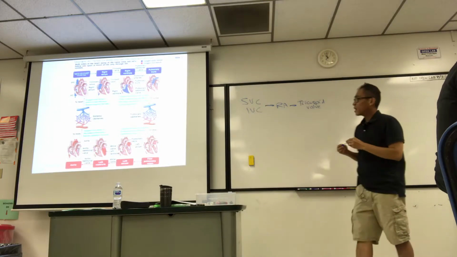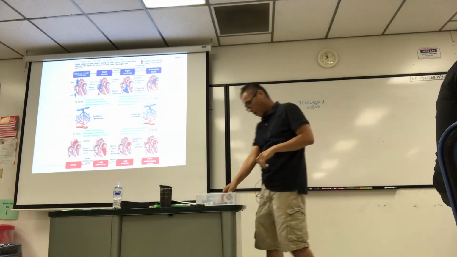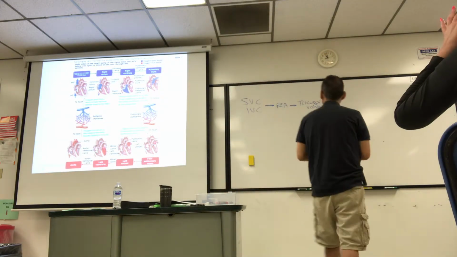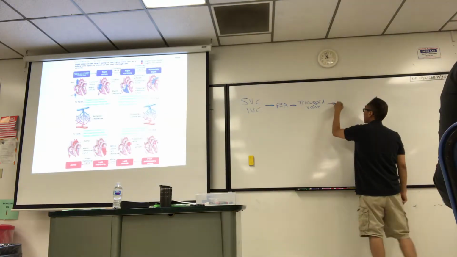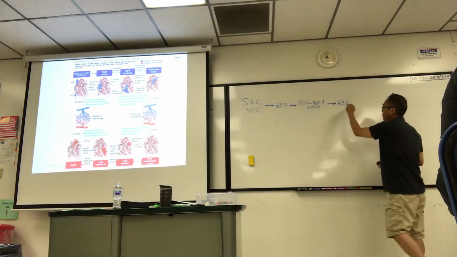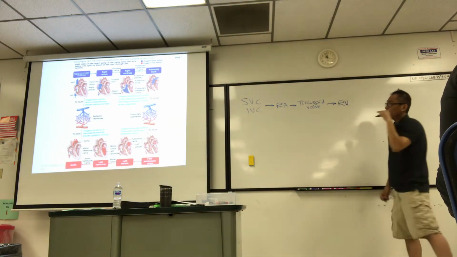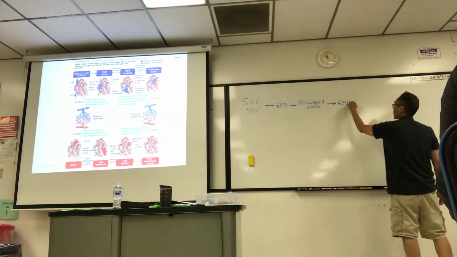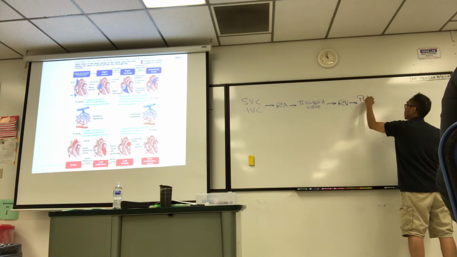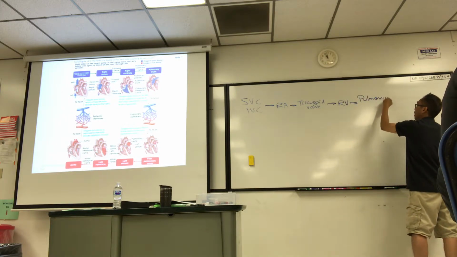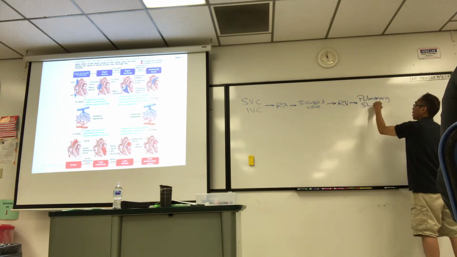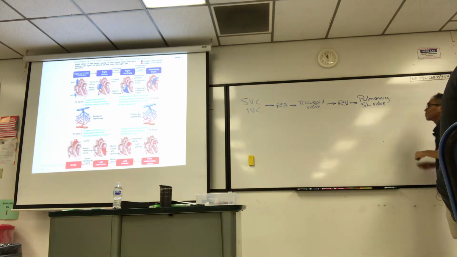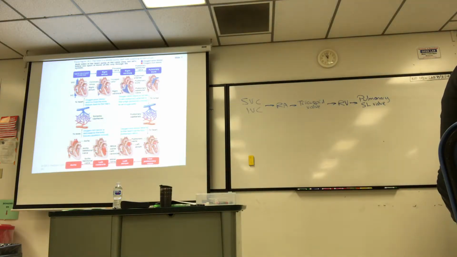Now I go from the RA into the RV, fill it up. And from the RV, its job is to pump blood through the pulmonary SL valve into the pulmonary trunk. It's an artery, but we call it the pulmonary trunk.